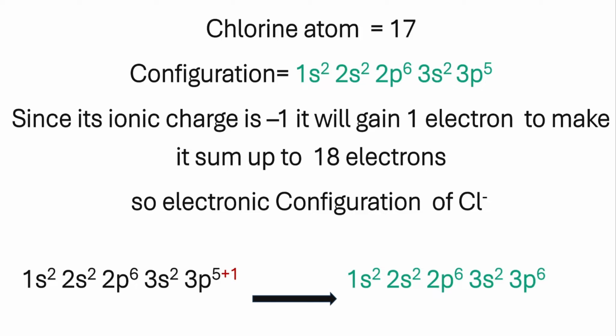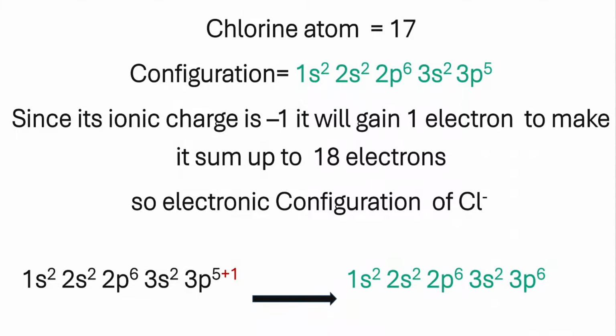So at the end, 1 electron is added to the outermost 3p5 shell to become 3p6. That is from 3p5 to 3p6. Altogether, we have 1s2, 2s2, 2p6, 3s2, 3p6. Just like you guessed, it has achieved octet stability, and now it looks like argon when it comes to electronic configuration.